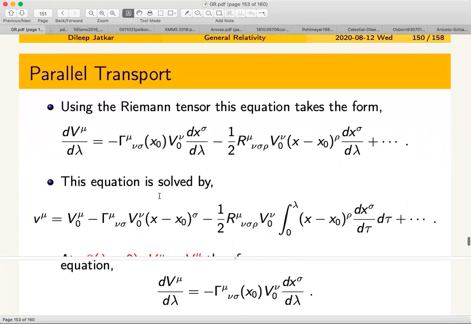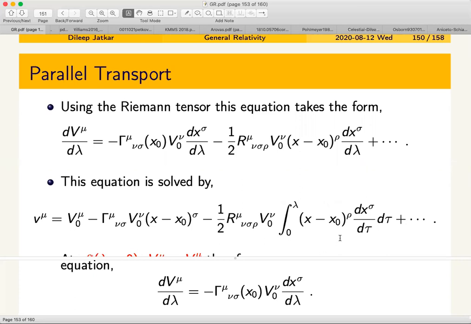Fine. So now we can ask the question: how do you solve this equation? You find that this equation is solved by V naught minus gamma times V naught. This is the leading order solution, this is the first order corrected solution, and this is the second order corrected solution. Oh, this should have been capital V, sorry.